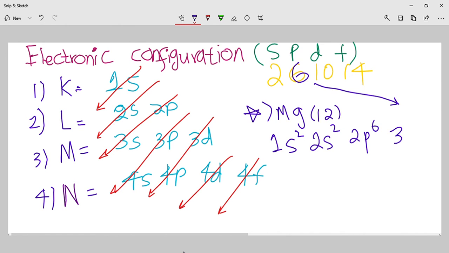As the atomic number of magnesium is 12, 2 plus 2 is 4, plus 6 is 10. Now how many electrons are remaining? 2 electrons are remaining. So we will write those remaining electrons on 3s, so here it will be 3s2. This is how we can do the electronic configuration. I hope it has been a useful lesson.